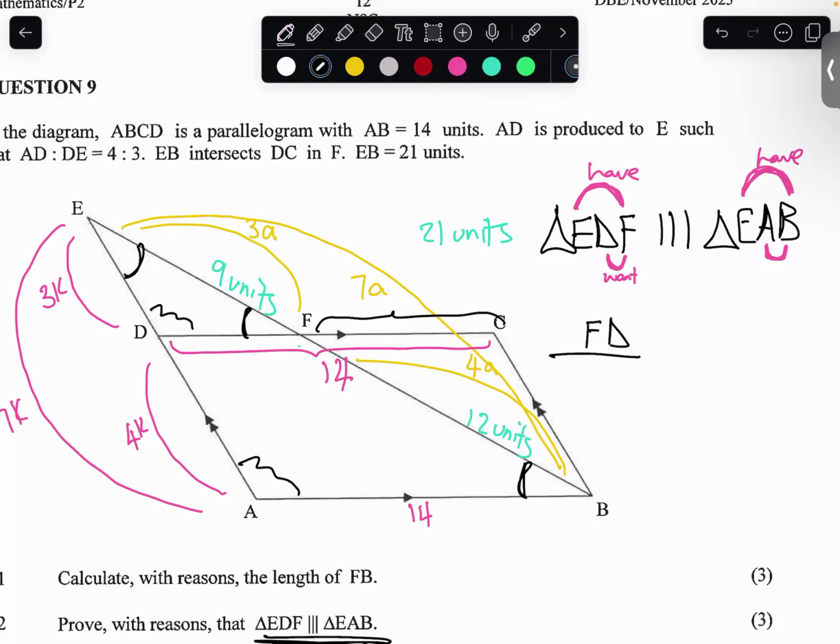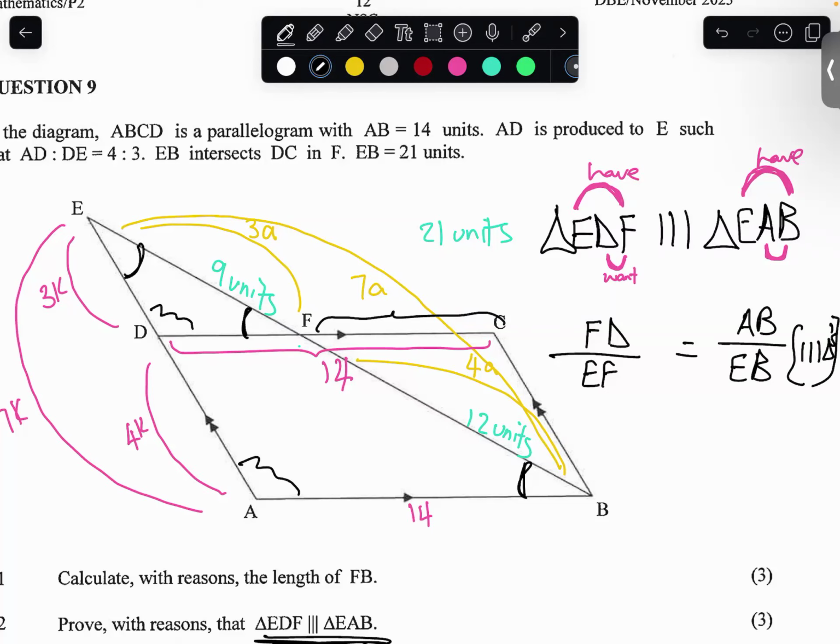FD over EF. And so if I went small arc, the bottom over the top, on the other side, I also have to do bottom over the top, which is AB over EB. And this is similar triangles. That's your reason.